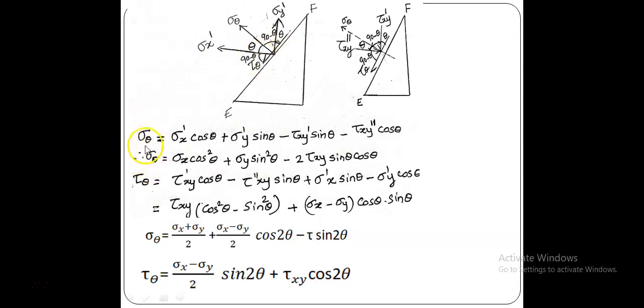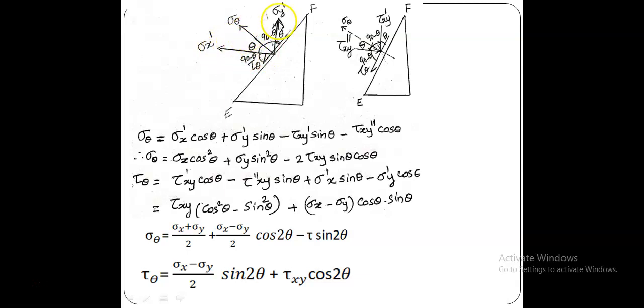You see that sigma theta is equal to this sigma x dash brought to here at an angle theta. Therefore sigma theta is equal to sigma x dash cos theta. We just simply resolve, because theta is here. When it is resolved into sigma theta, it becomes sigma x dash cos theta.